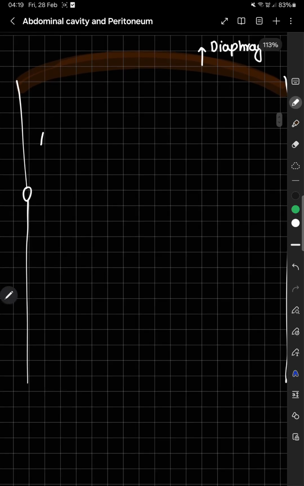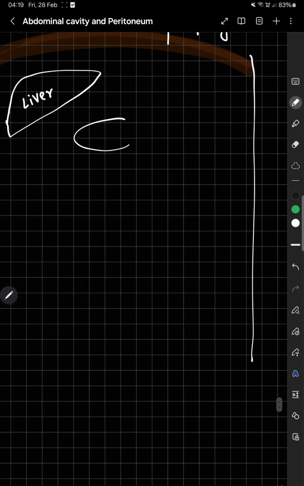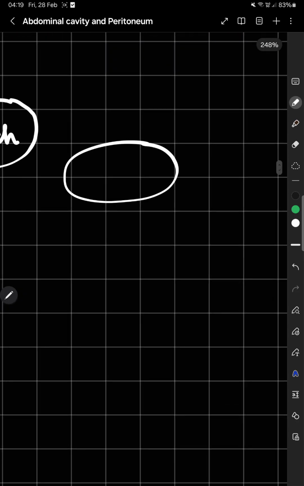This would roughly be our liver placement over here. This will be our liver. And then we have our stomach somewhere over here. Then we would have our transverse colon, but it's too long to write, so we'll just write T colon.